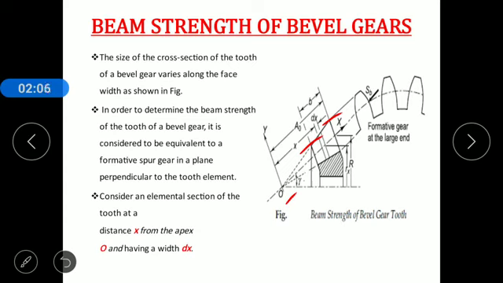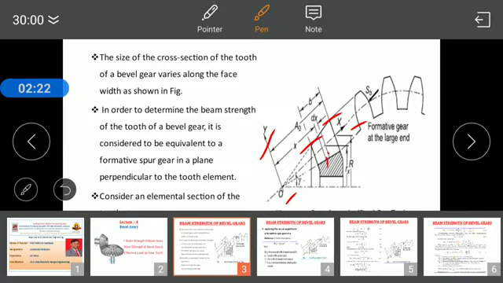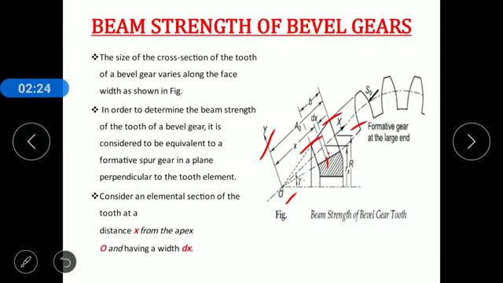Here for determining the beam strength, there are two axes, x axis and y axis. We consider an elemental section of the tooth. These two lines are the elemental section of the tooth at a distance x from the apex point O and having a width dx.